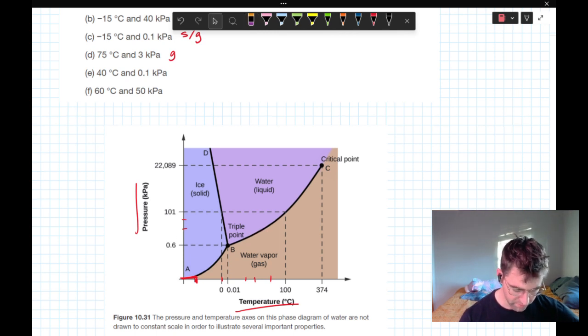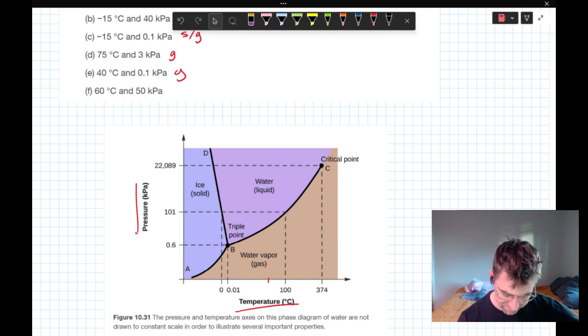And finally, we've got 2 more. 40, so not quite halfway, and 0.1, extremely low. We're going to be in the gas phase. 60 degrees Celsius and 50. These not being drawn to scale is a real bummer. That's 50. That would be 75. 50 kilopascals.